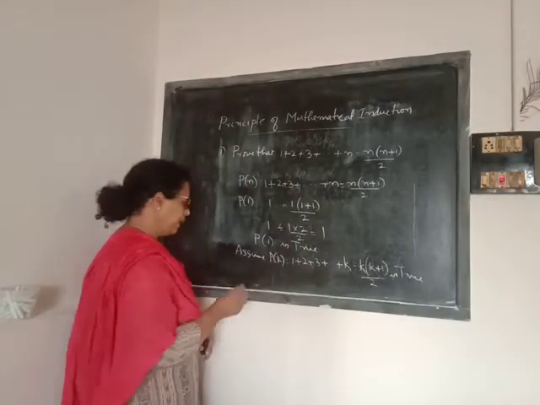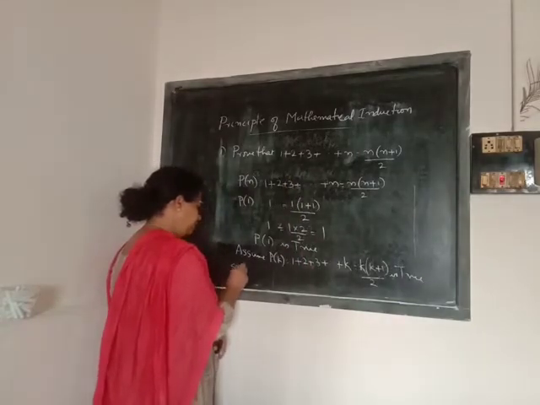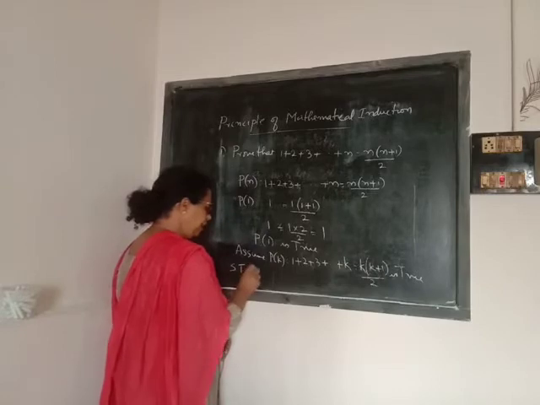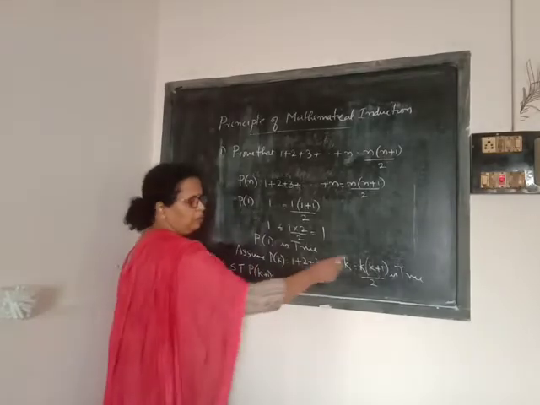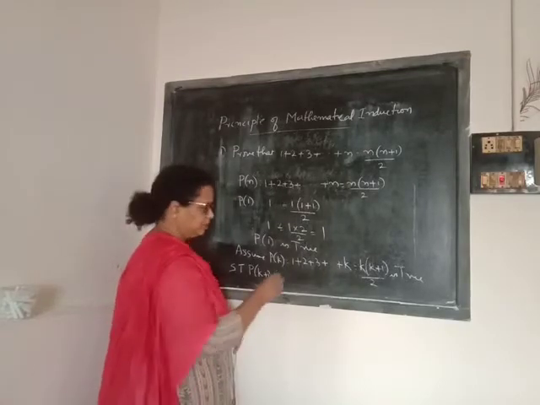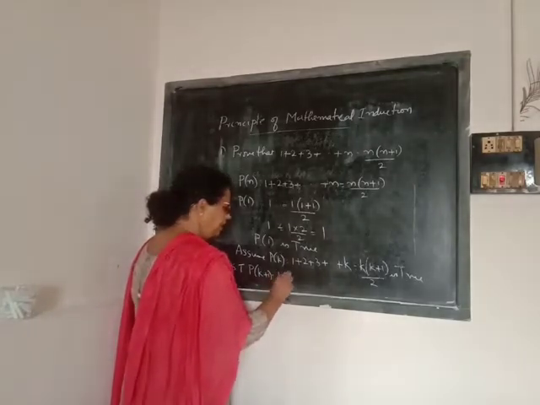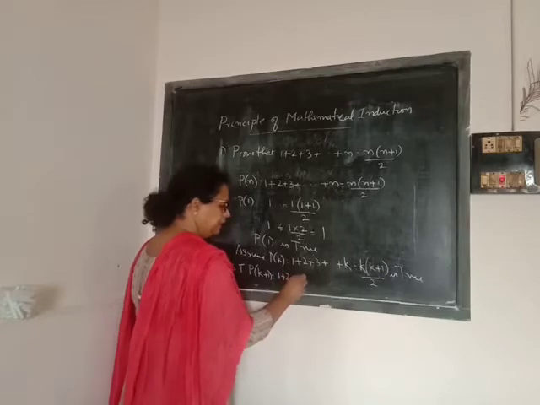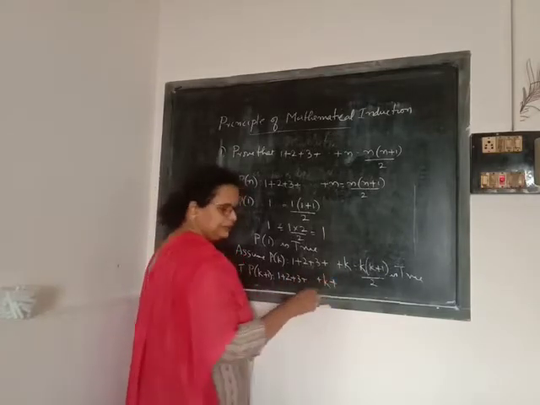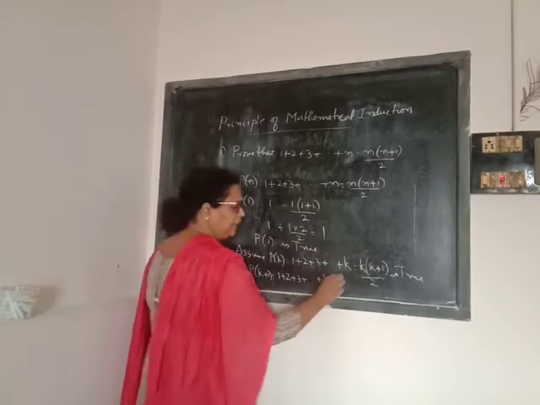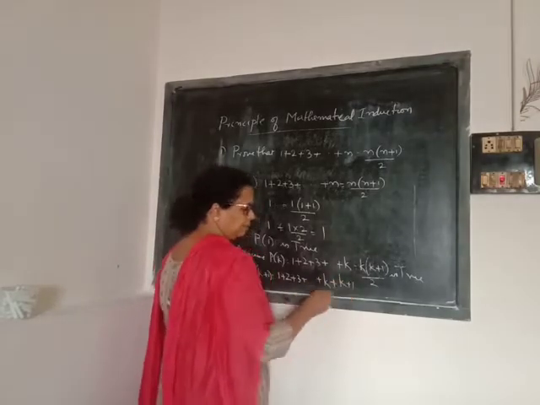Now we have to show that P of k plus 1 is true. What is P of k plus 1? Means one more term will come in LHS. So what is LHS? 1 plus 2 plus 3 plus etc. plus k, then plus next term. What is the next term? K plus 1, isn't it?